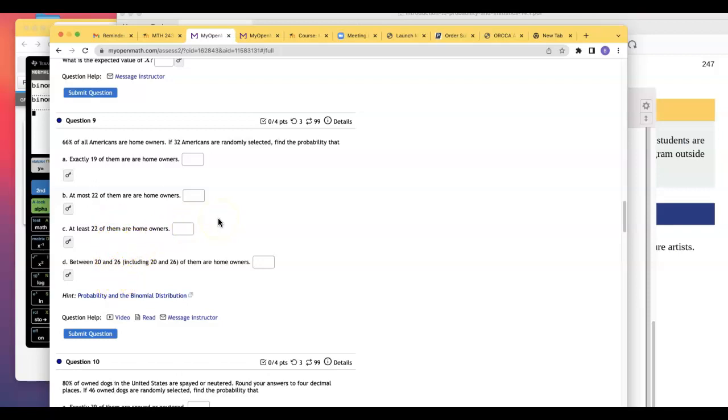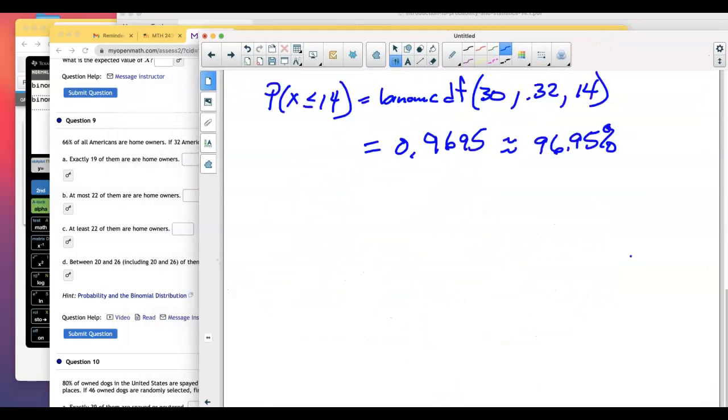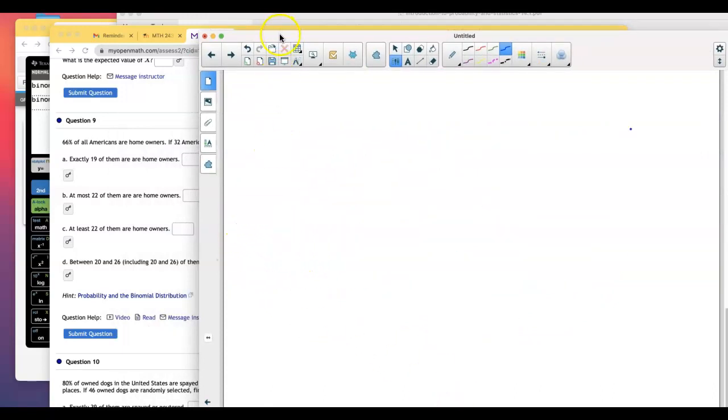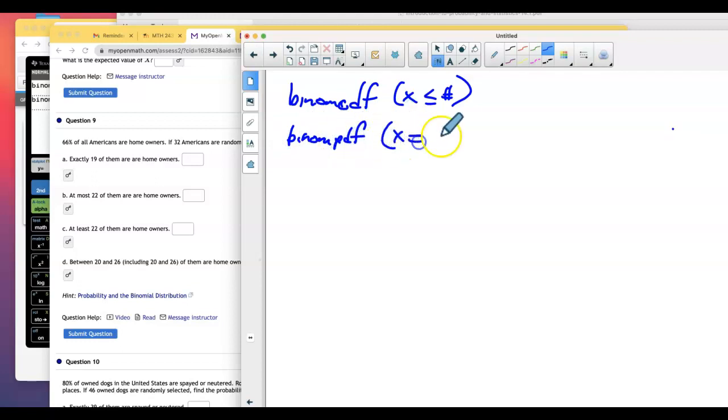Okay? Now, remember that binomial CDF is less than or equal to. So binomial CDF is x is less than or equal to a number. Binomial PDF is x equals a number.